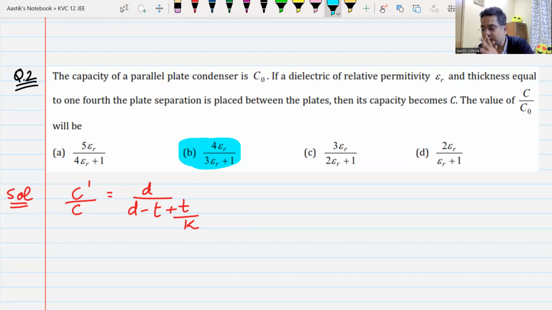Everyone got this? Yes or no? Pakka? No doubt on this? I can move ahead with the next question. Yes or no?